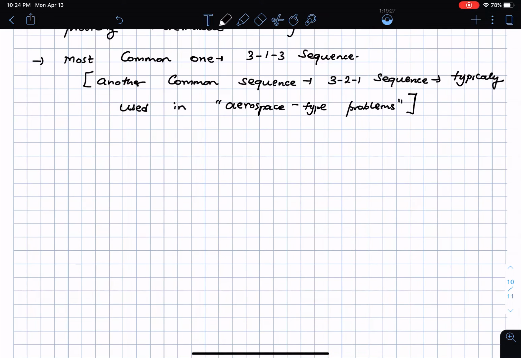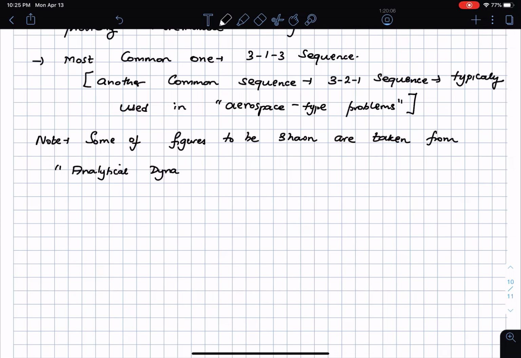And for the sake of convenience, just because I can't keep drawing a rolling coin really well, as you have seen, I'm going to make use of certain figures that have their precedence from a textbook by Haim Baruh. A note for copyright issues: some of the figures to be shown are taken from a book called Analytical Dynamics by Haim Baruh.